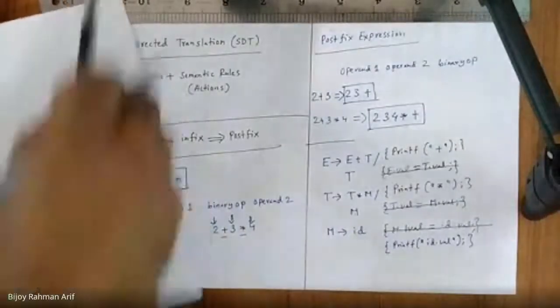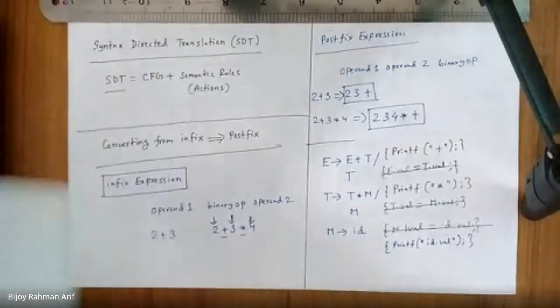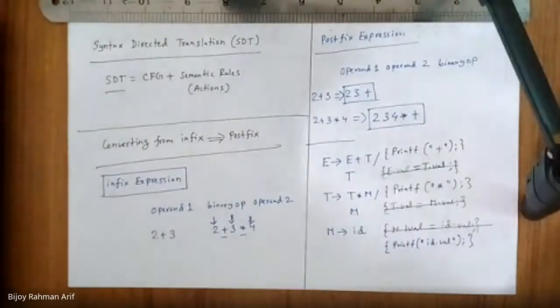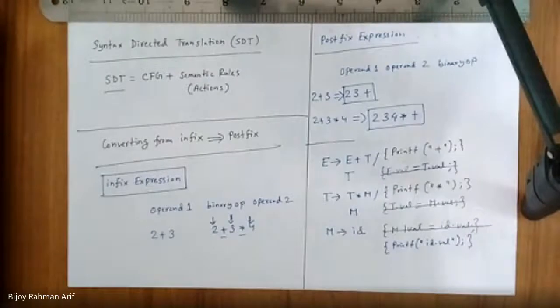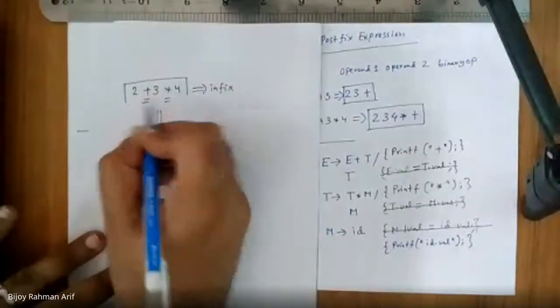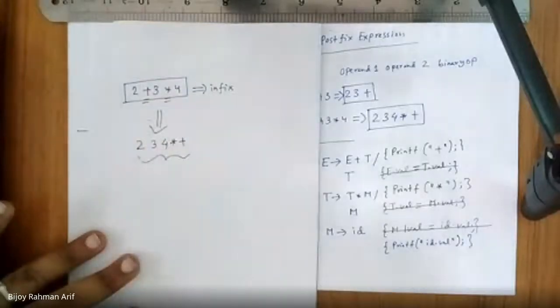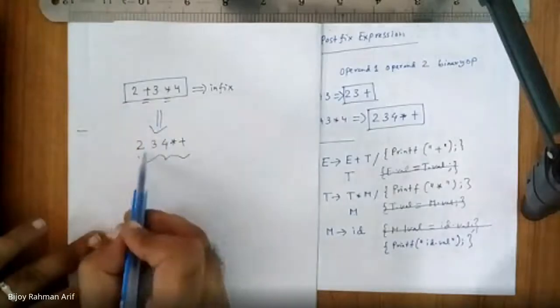Okay. Now let's try to go through this action and see what happened. So simple. The thing is like this. If we want to convert this infix expression to postfix, at first we are going to derive 2, 3, 4 first.